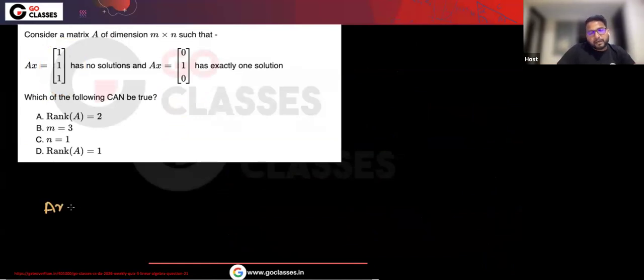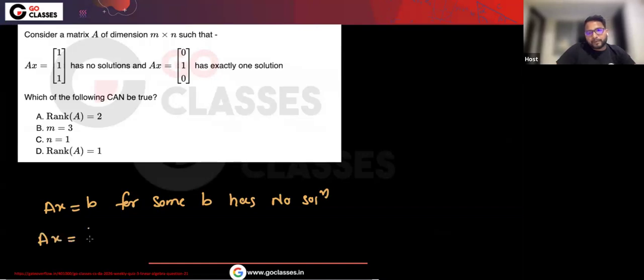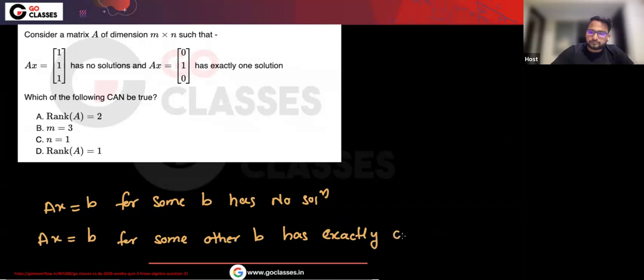So basically you can say Ax equal to b for some b has no solution, and Ax equal to b for some other b has exactly one solution.